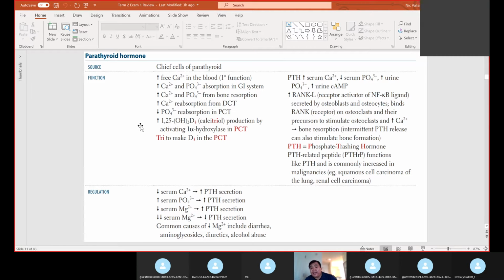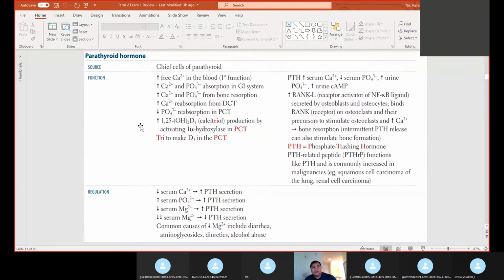And then from calcidiol to calcitriol in the kidneys via what enzyme? 1 hydroxylase. Yes, so 1 alpha hydroxylase. Now where does PTH come in? How can we tie PTH to that pathway? It stimulates 1 hydroxylase. Excellent.